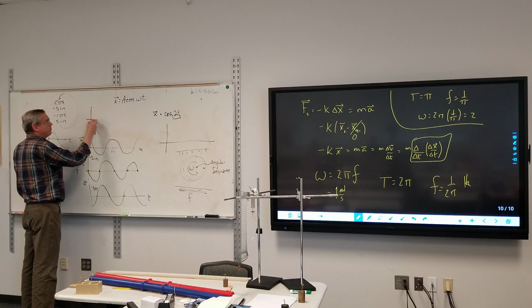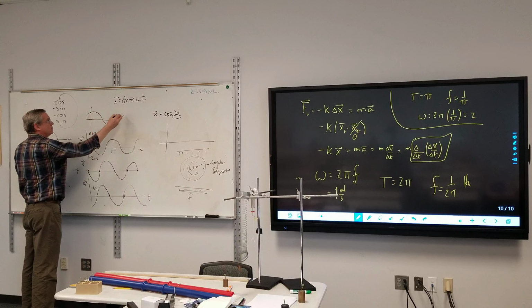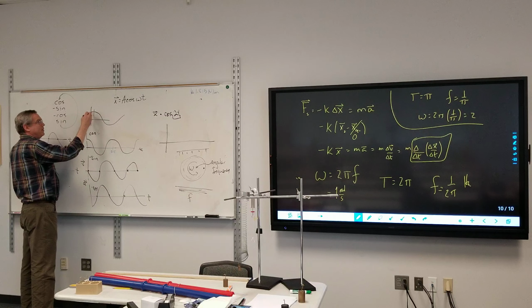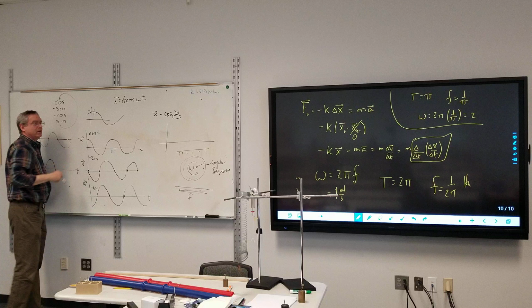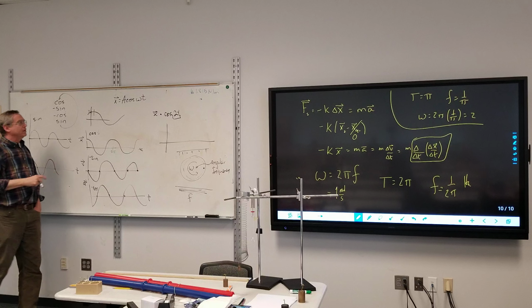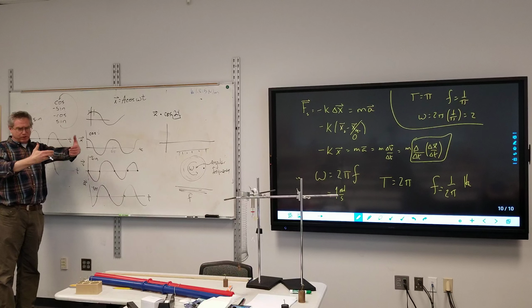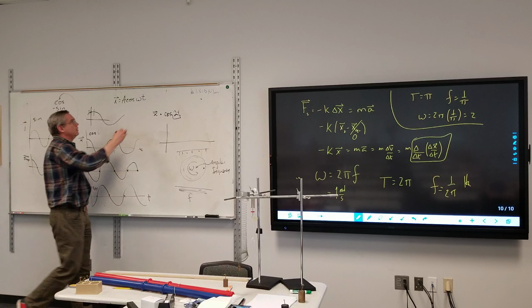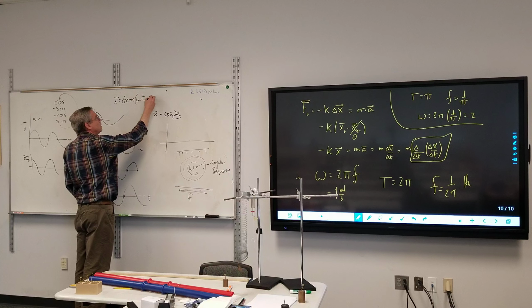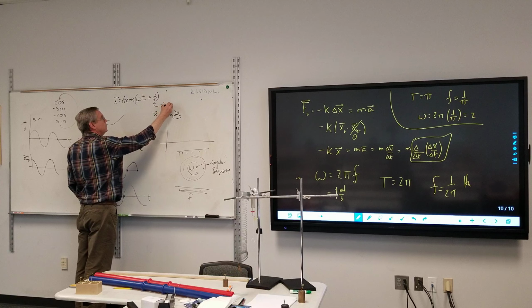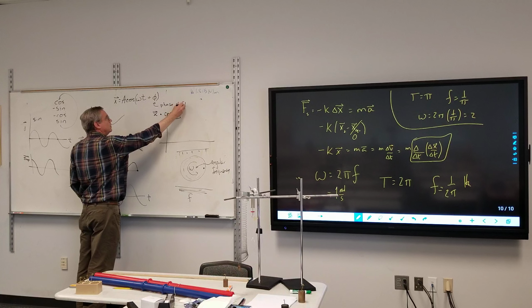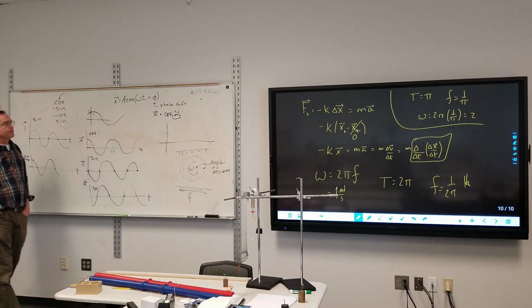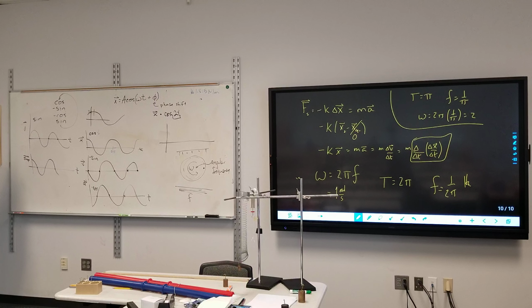My graph might look like something like that, where there's my peak, but I started a little bit before it. So we have to somehow account for a shift left or right, and so I introduced the phase shift. So there's my generic equation for position of something undergoing simple harmonic motion.